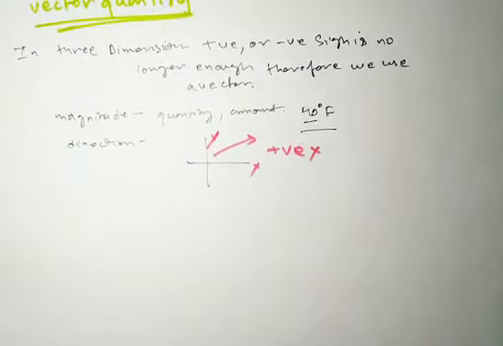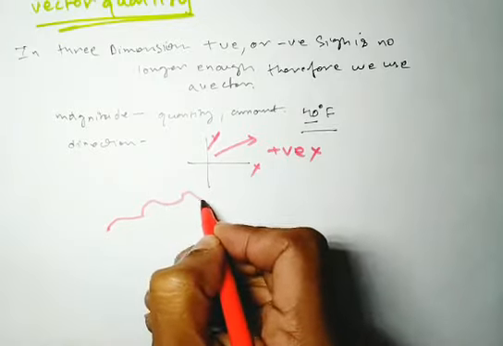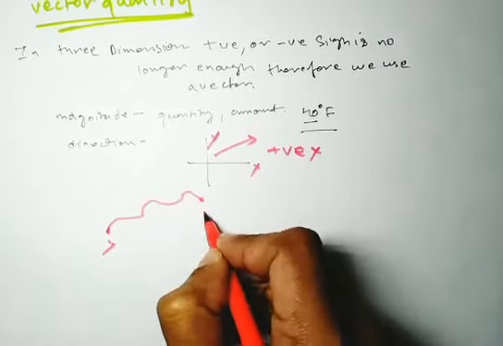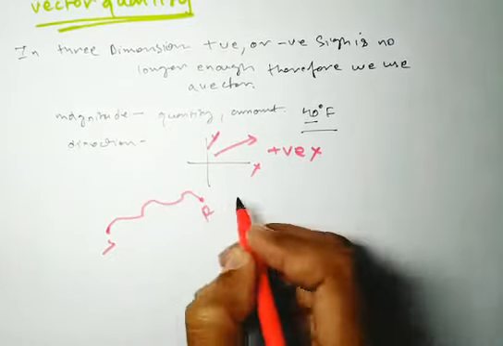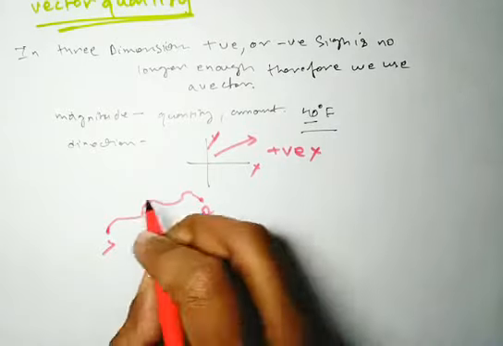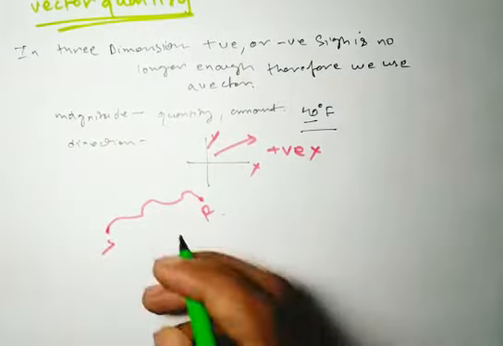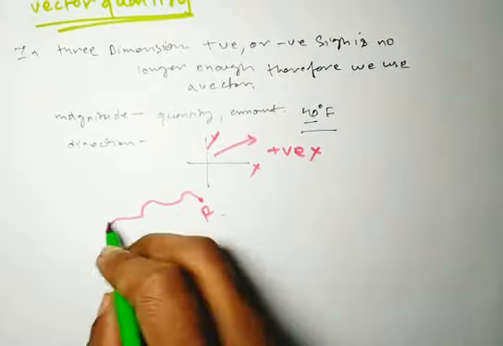Let's say, what is displacement? I already have described to you the definition of displacement, that if there is a starting and ending point, like this is a path, starting point and ending point. So the displacement is the nearest path or the shortest path.